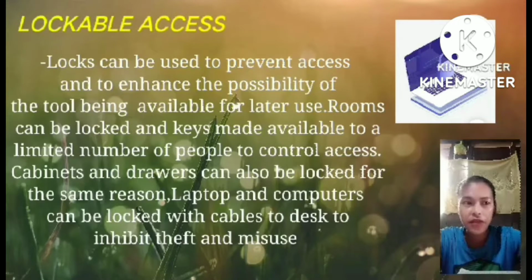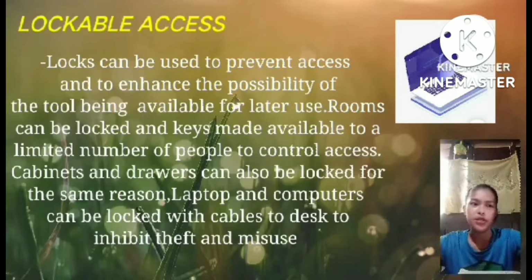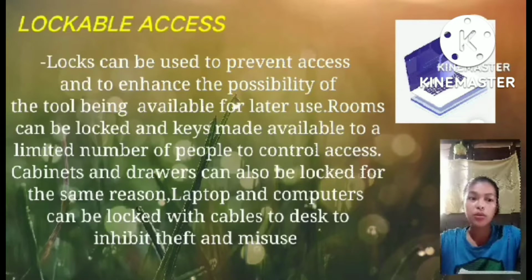So we have different things that need to be locked for the safety of our access and for the safety of our own. There are a lot of things that need to be locked, like computers. Diba, computers need to be locked so that the important details or important files or information you put in the computer will not be wasted or missing.